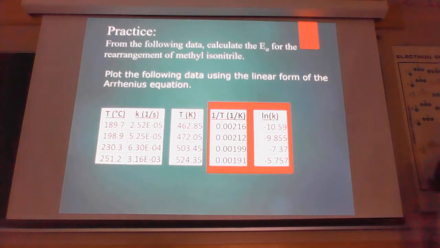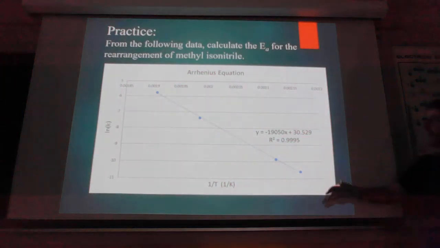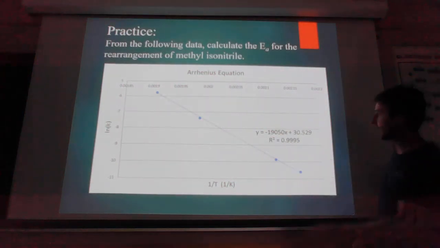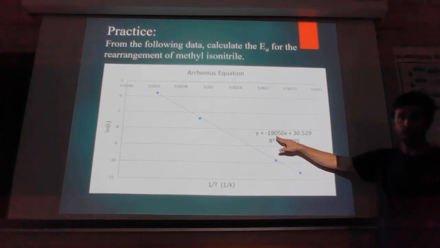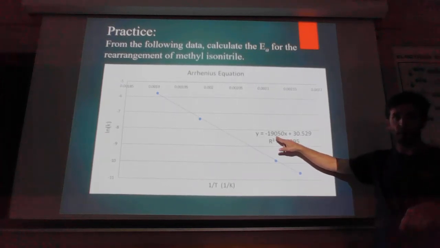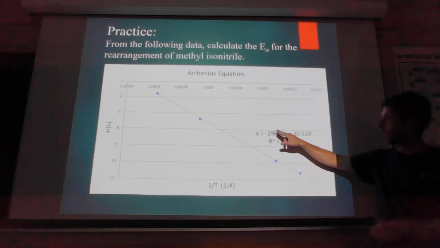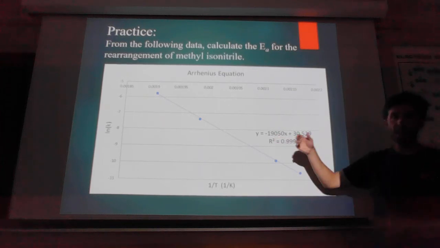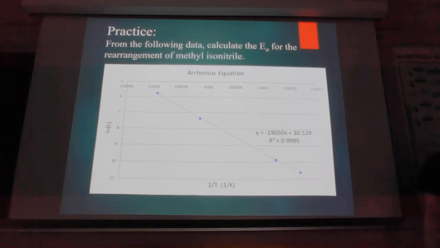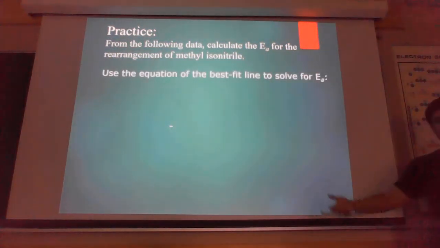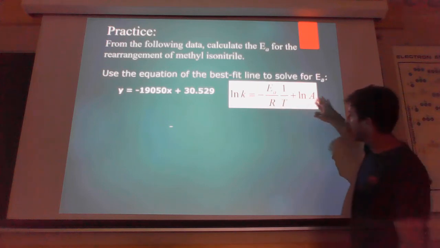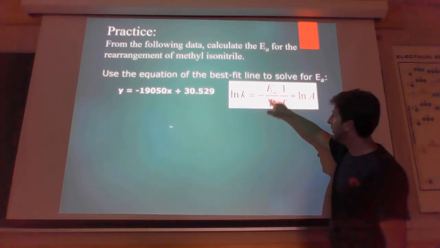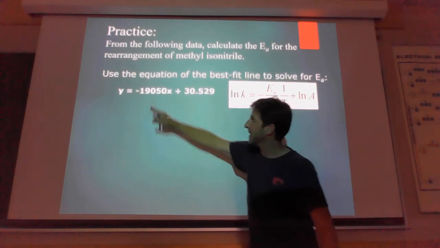Once I do that, I get a graph, I do a linear fit, and I get the equation of the line. The slope of the line is negative EA over R, as we said before. So if I get that slope from the linear fit, then I can use that to solve for E sub A. So for this problem that we just did, here's the equation of my line. My slope is negative EA over R. So there it is, negative 19,050.